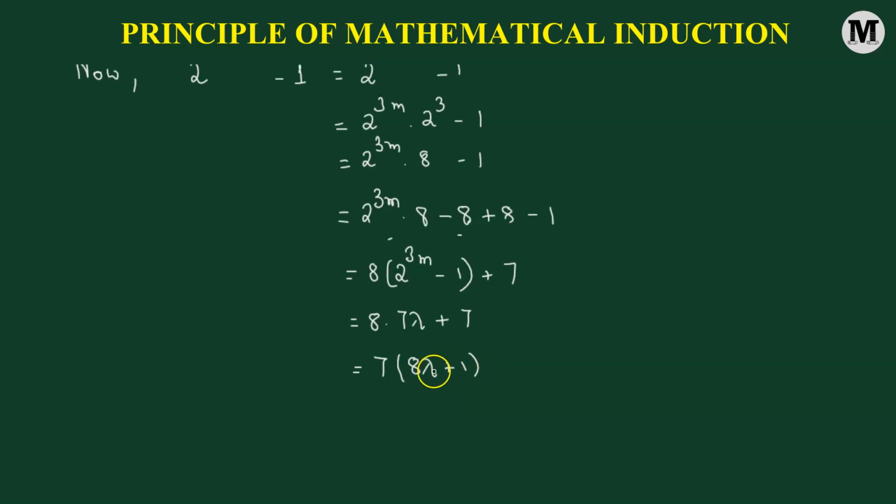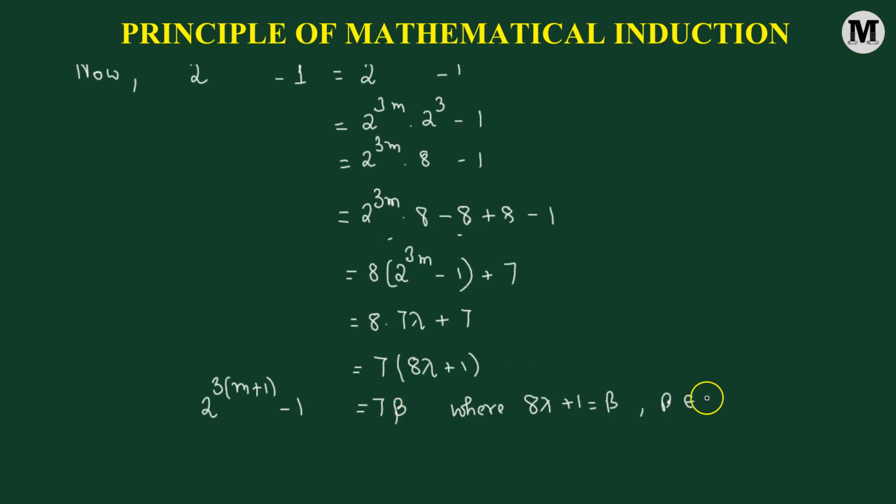Lambda already being a natural number, 8 times lambda plus 1 is going to be another natural number. So we can replace it with, let's call it beta, where we are expressing 8 lambda plus 1 in terms of beta. So what we have done is we started out by considering 2 raised to the power of 3 times m plus 1 minus 1, and we are able to express it as 7 times some natural number beta.